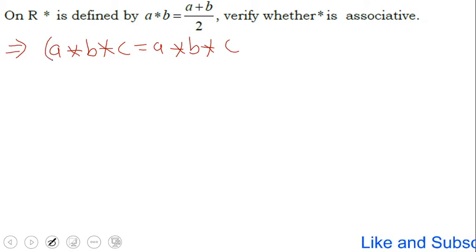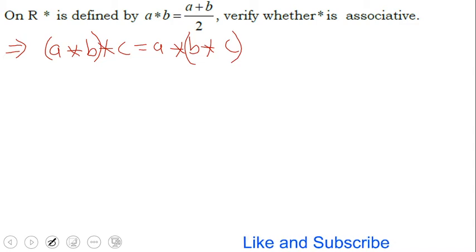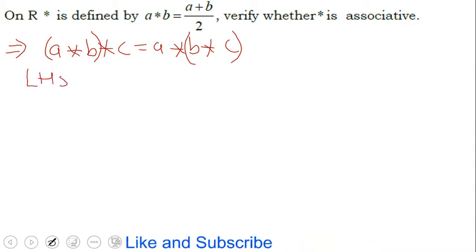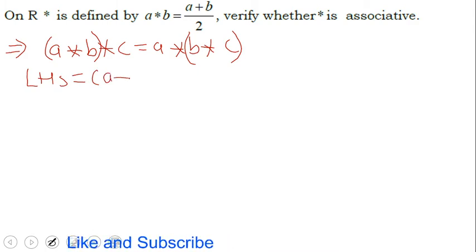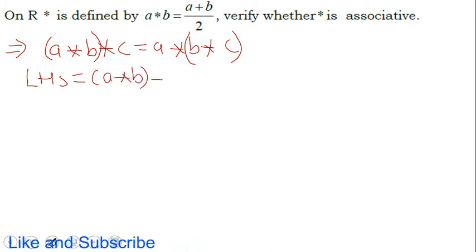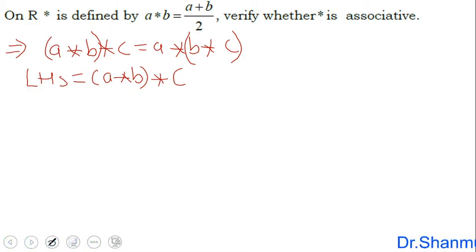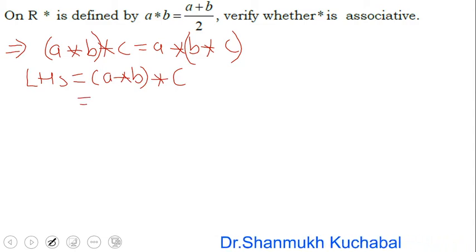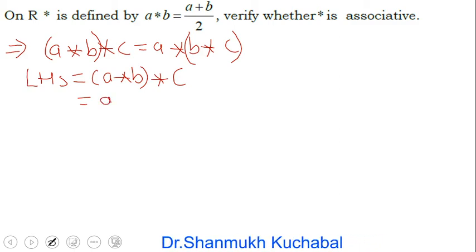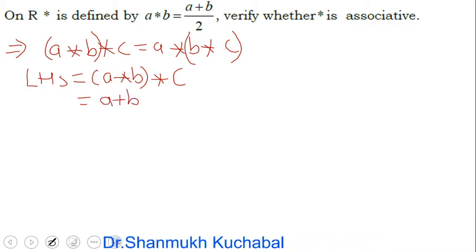First we group the first 2 elements and the last 2 elements. Then we take the LHS part. LHS is (A star B) star C. In this example the star operation is A and B we add, and divide by 2. So A star B, first I am going to simplify the bracket. I get A plus B divided by 2.